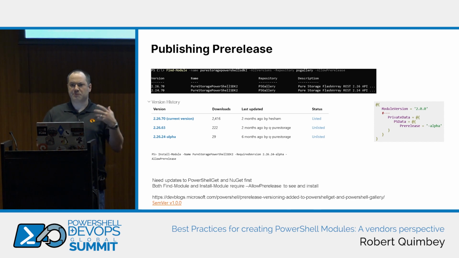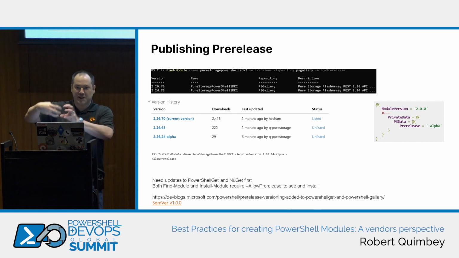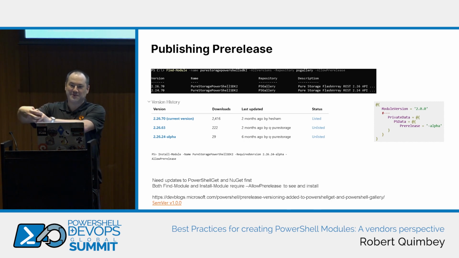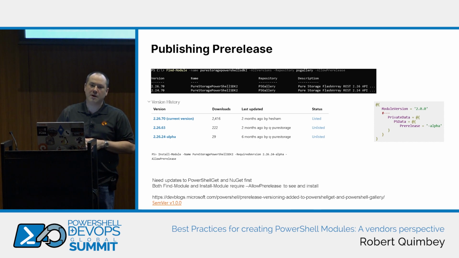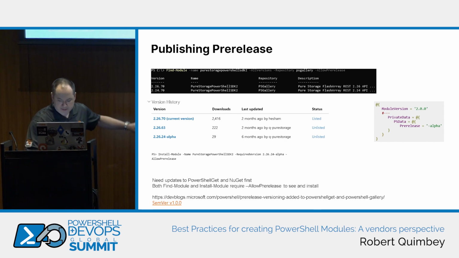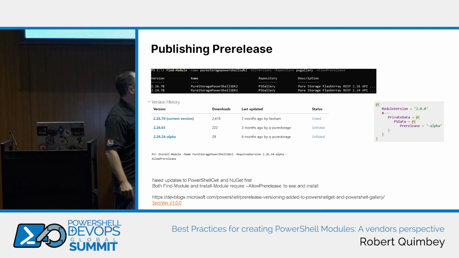And a couple of months ago, we just released our storage option for AVS, which is Azure VMware Solution, and what they call the run commands or the run libraries, which are basically a fancy name for the Microsoft-hosted internal PowerShell modules that their partners release, that you're not installing, but they're called from within Azure, is really, really tight. So being able to update our stuff quickly so that the folks in Azure can get access right away, it's important. At the bottom here is everything you need on pre-release versioning.